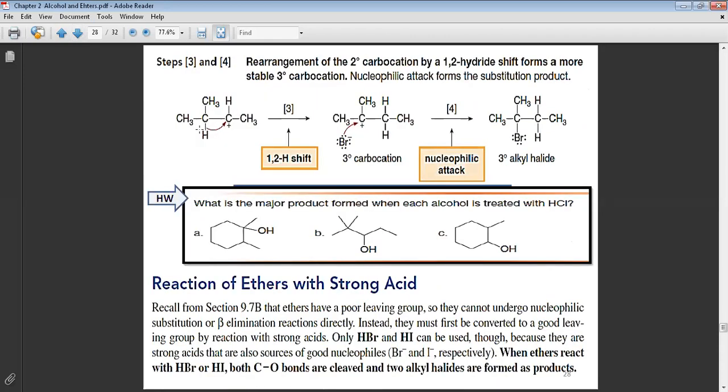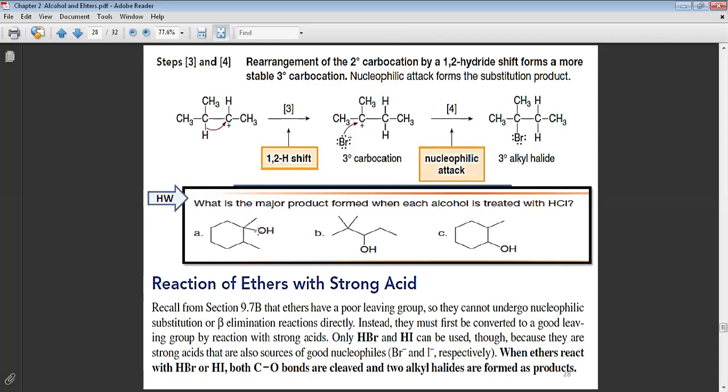Next step, 1,2 hydride shift gives you a tertiary carbocation, and the Br attacks the tertiary carbocation to give you the product. Always think, if you have a secondary carbocation, could it become tertiary or not? If there is any possibility to make a tertiary carbocation, directly do it.